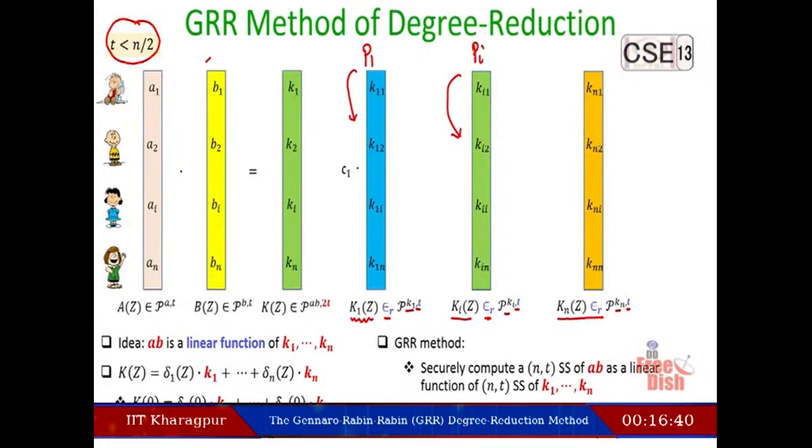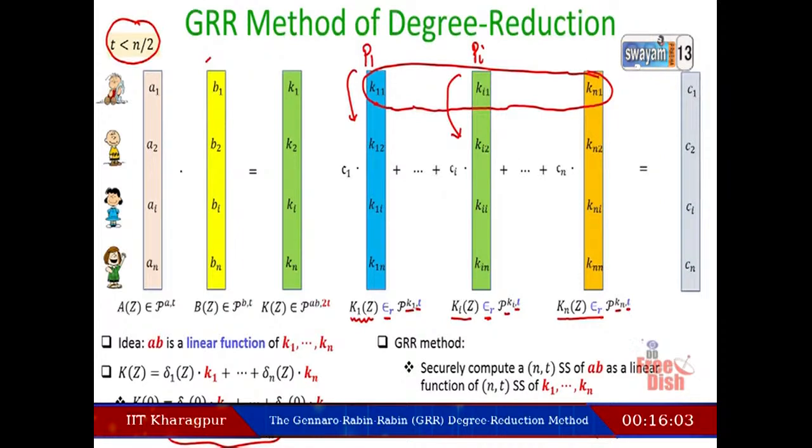And after we compute this linear function, why is it possible? Because the inputs for this linear function, namely k1, k2, kn, are now available in a secret shared fashion, and since C1 is publicly known, each party, say the first party, computes C1 times the first share of k1 plus C2 times the first share of k2 plus Ci times the first share of ki plus Cn times the first share of kn.